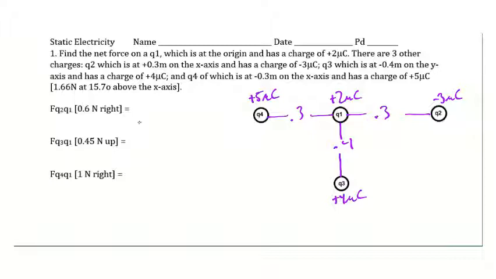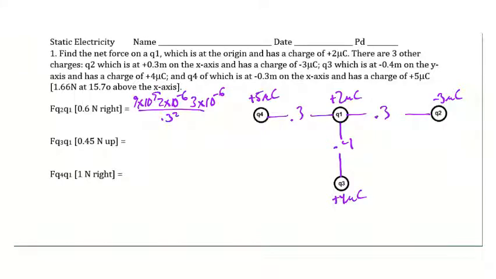So let's find the force of Q2 on Q1. Q1 I'm going to put next, since that's going to be the same in all our problems. So 2 microcoulombs, times 10 to the negative 6. And 3 times 10 to the negative 6, all over 0.3 squared.